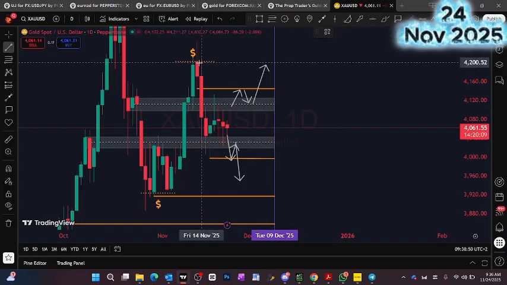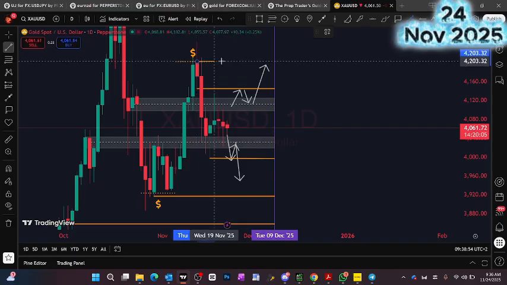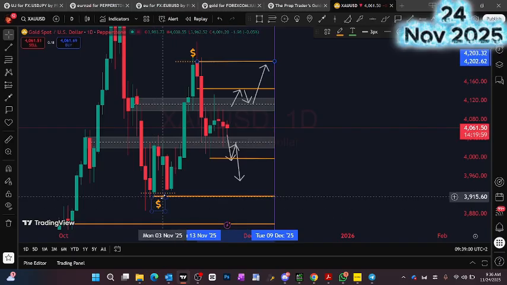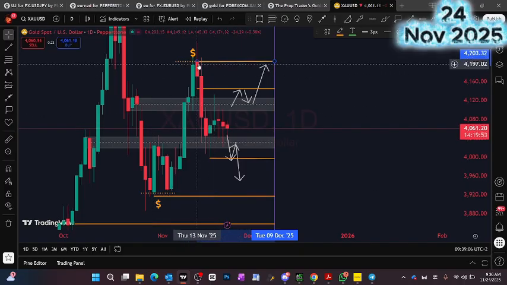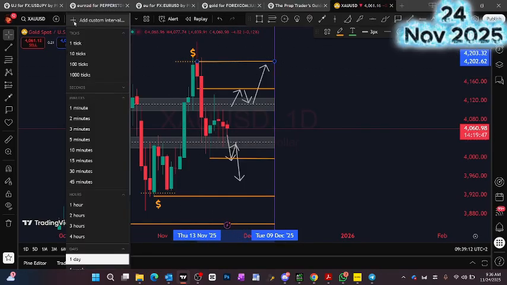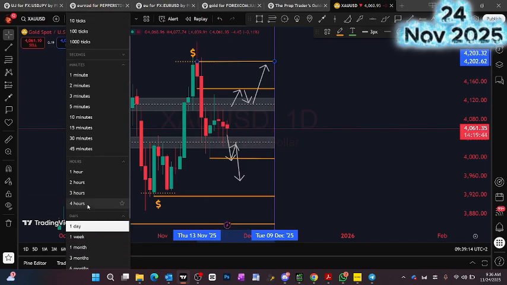Then here we might take the high as a target. Here the target, you might take this low right here as a target. Yeah, we might take this. You might put it there, but it's gold, man. Gold can misbehave. Let's go down to H4 and see.